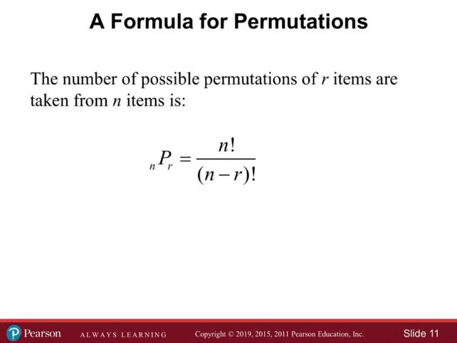So the number of possible permutations of R items taken from N items is going to be given by this, right? N objects taken R at a time. For instance, this is like where we had 7 books, and we wanted to take all 7.